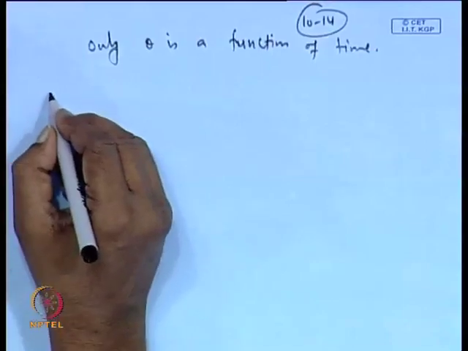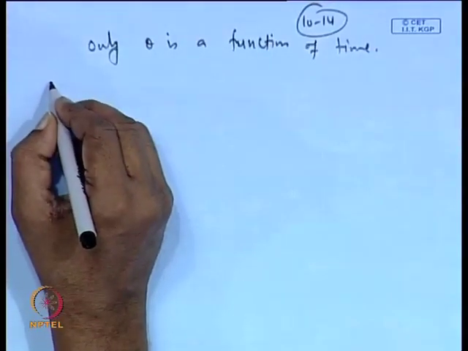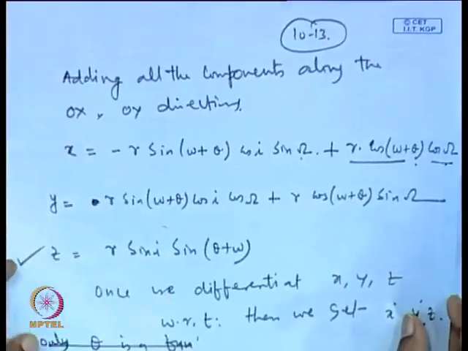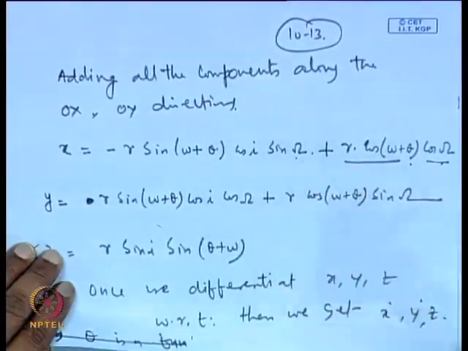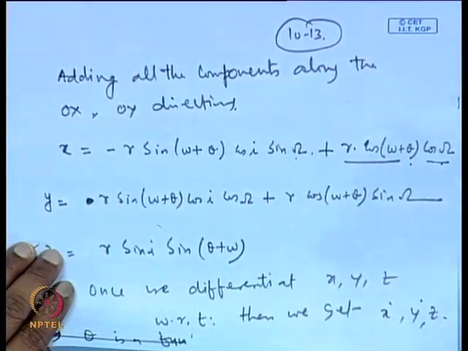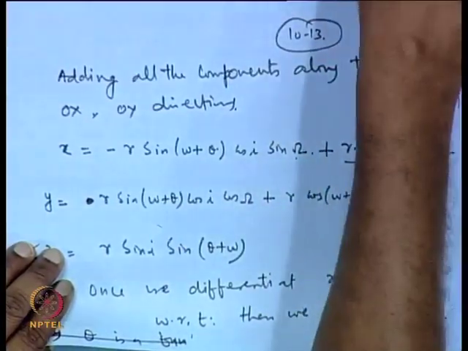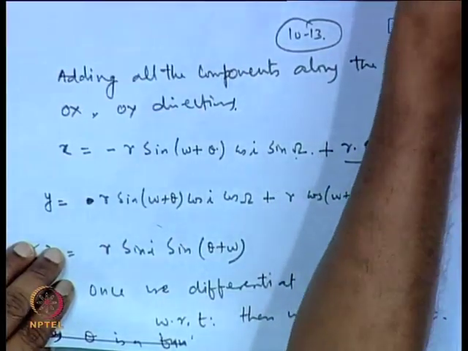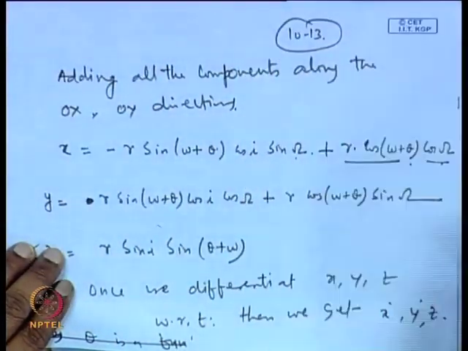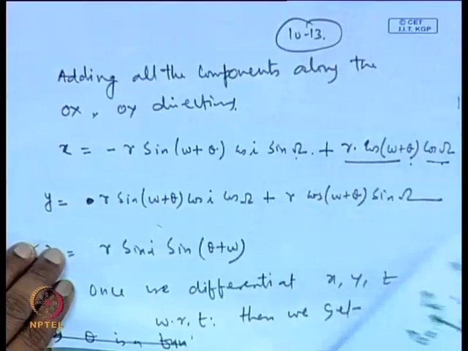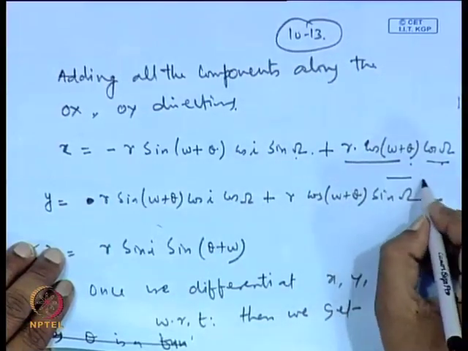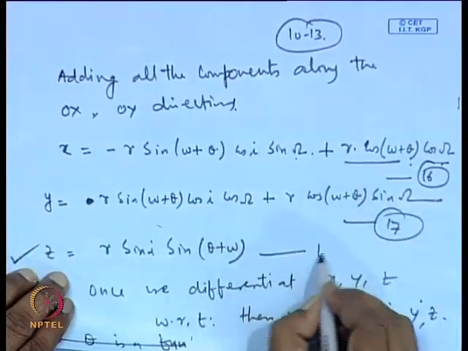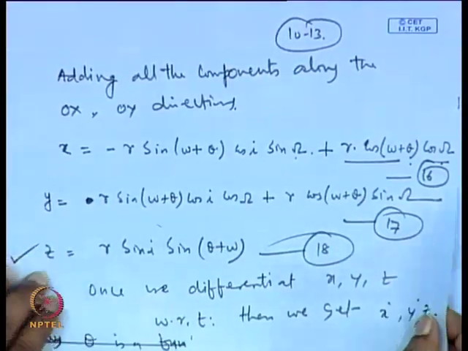So, now taking the derivative of x dot. So, x dot will be given by, so we go back to this slide and number these equations. 15, we can write this as, let us say, write this as 16, this as 17 and this as the equation number 18. Okay.